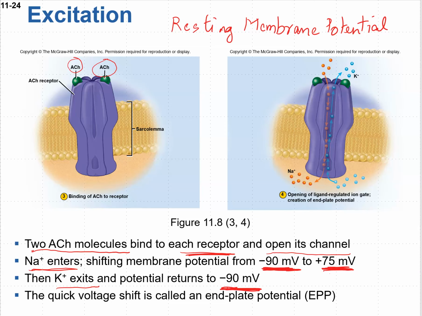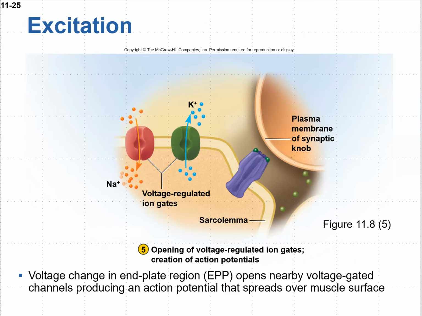So this quick shift in membrane potential is known as the end plate potential. The voltage change in the end plate potential causes nearby voltage-gated channels to open, which further produces an action potential.